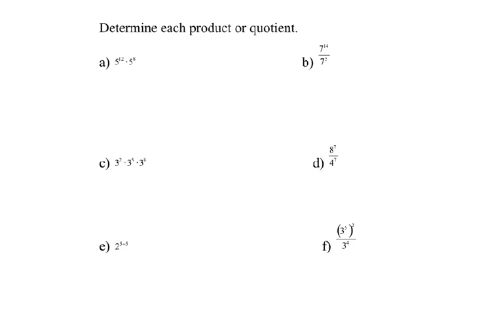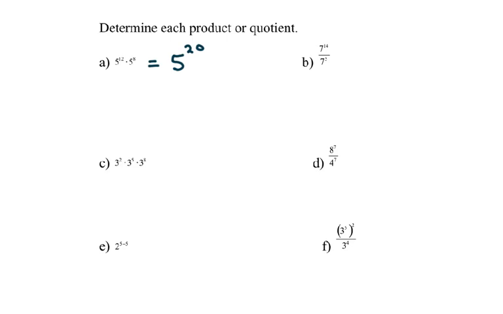When we have two bases that are the same, we can combine those exponents by adding them together. And so 12 plus 8 is 20. And so 5 to the 20th power is the simplified version of that problem.